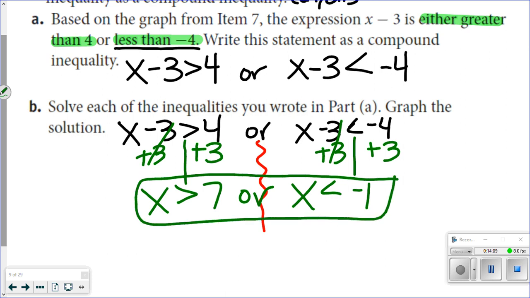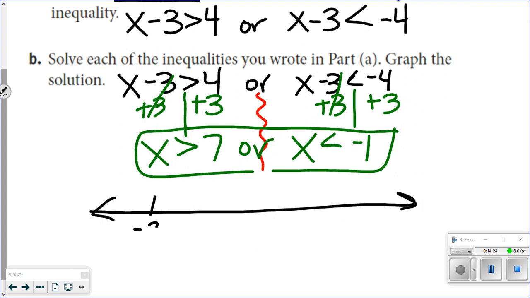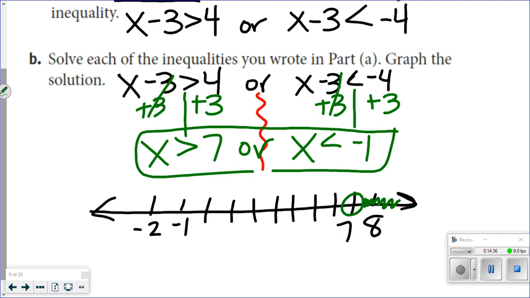This is our answer here, but then it says to graph the solution. So let's draw a simple number line. We have an open circle at 7, and all x values are greater than that, so we're going to shade to the right.